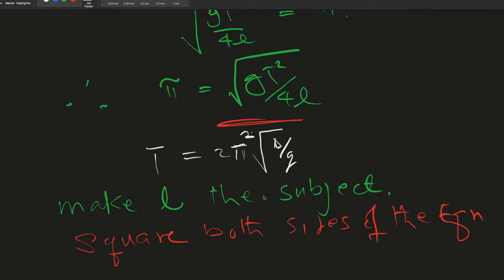So 2 pi square root of L over G. Right. So we are going to make L the subject.